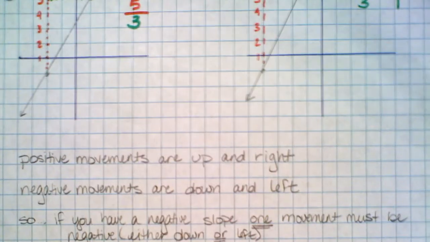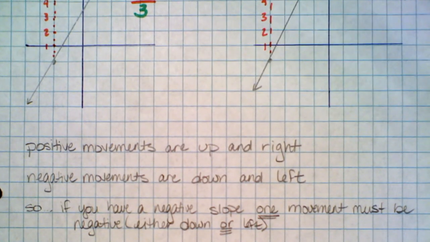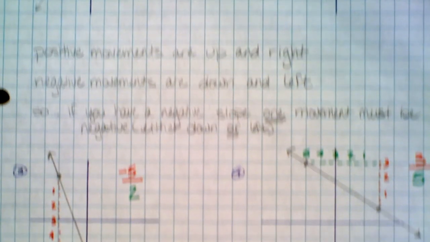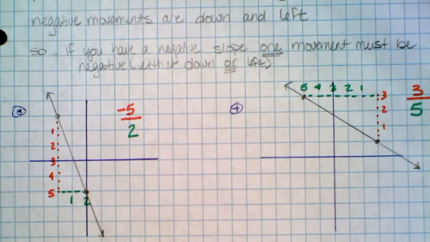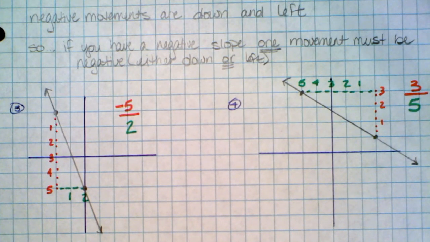All right. So if you have a negative slope, one movement must be negative, either down or left, and the other one is going to be positive. Let's look at a couple lines that have negative slopes. In example number 3, we go down 5 units and right 2. Because the downward movement is negative, I have -5, and moving right is positive, so it's -5 over 2.